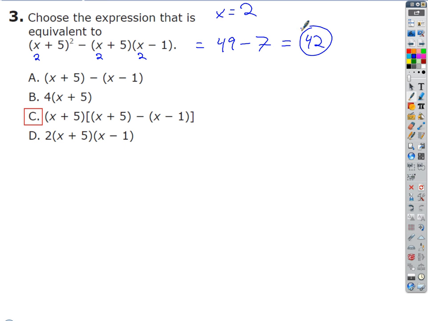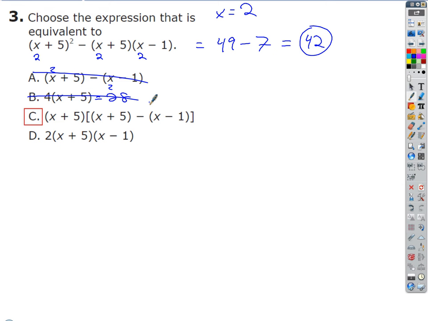42, okay? So all we got to do then is just try all these and see which one is going to give me back 42. Isn't that an awesome trick? So easy. So if we plug in 2 here, 2 plus 5 is 7, 2 minus 1 is 1, 7 minus 1 is not 42, right? 2 plus 5 is 7 times 4 is 28.